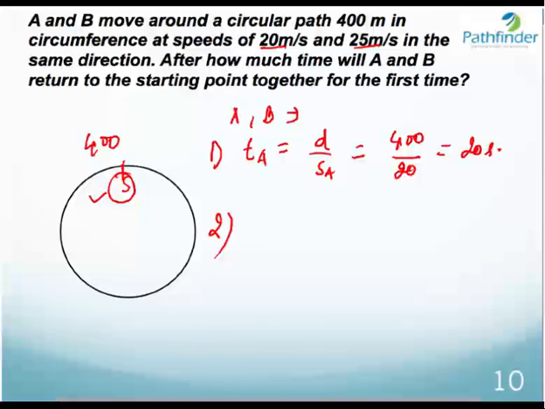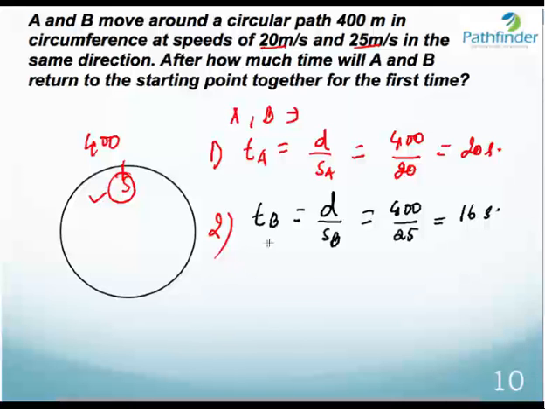Next, we need to find out the time required by B to travel full circumference. Again, this is distance divided by speed of B, which should be equal to 400 by 25, and that is equal to 16 seconds.